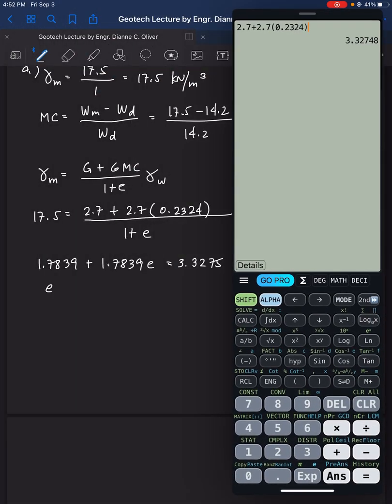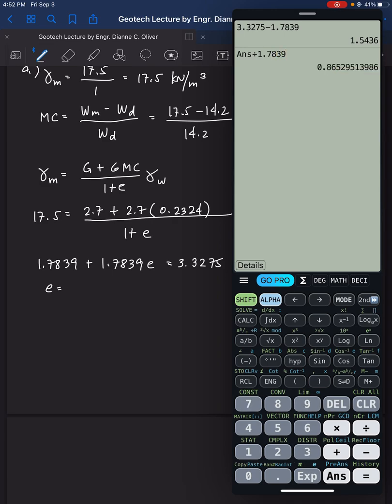And the value of E now is equal to 3.3275 minus 1.7839, divided by 1.7839.